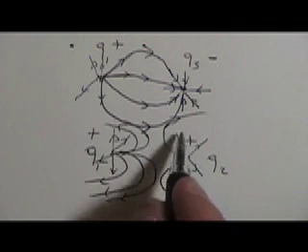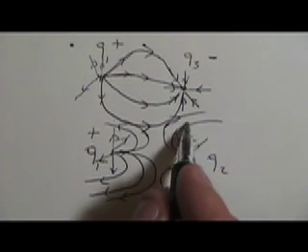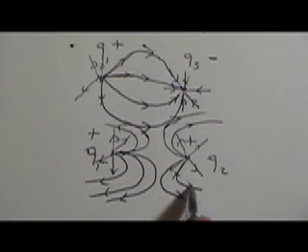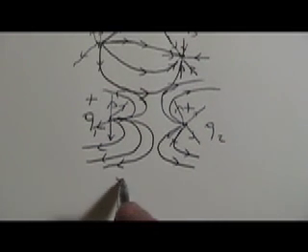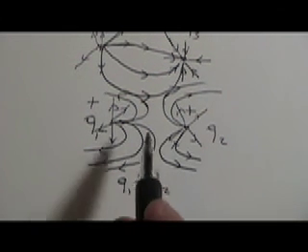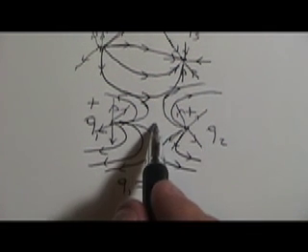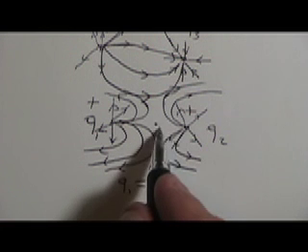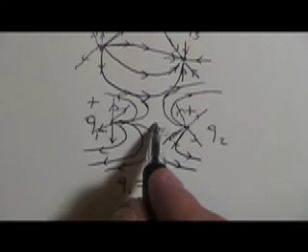Let's see if these charges have the same magnitude, for example if Q1 is equal to Q2. Then the electric field at the center between them will actually be 0. You won't have any electric field at the center.